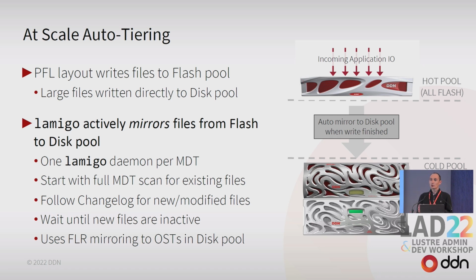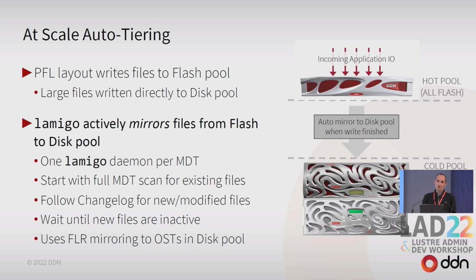And then hot pulse relies on two tools. The first one is called Lamigo. It runs on the MDS side, and its role is to actively mirror new files. There is one Lamigo instance per MDT. Lamigo starts by scanning the MDT devices, and then it consumes the Lustre changelog.